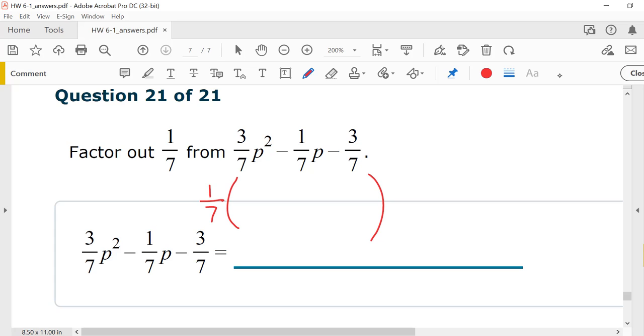So essentially, I'm just pulling out a 7 from a denominator. Well, okay, make that go away. Make that go away. Make that go away. What remains is 3p squared minus 1p. We don't need to write the 1. We can just say minus p minus 3. That's it.